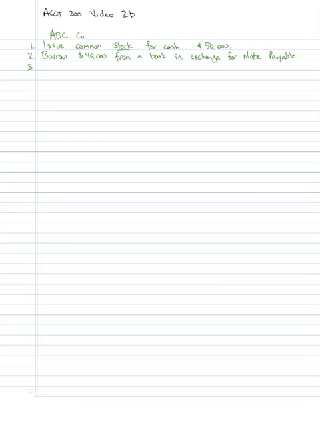The third thing it's going to do is purchase a building in which to operate for $30,000 cash.